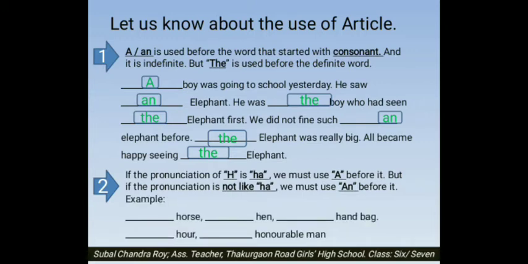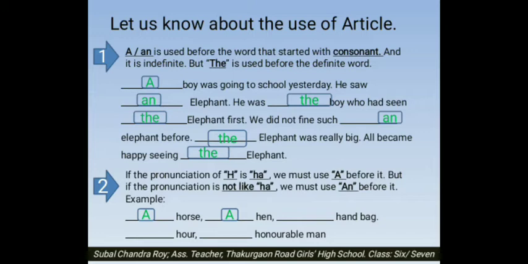First one is horse. Here H is used as "ha", so we have to use "a horse". Then hen. Here also H is used as "ha", so we have to use "a hen".